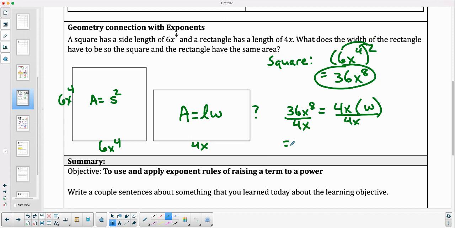So this one would be 9, from 36 divided by 4. And then this x to the 1, this is something we'll get to soon, x to the 1 and x to the 8th. This x to the 1 will cancel. One of the 8 x's is up here, so it would be 9x to the 7th equals w.